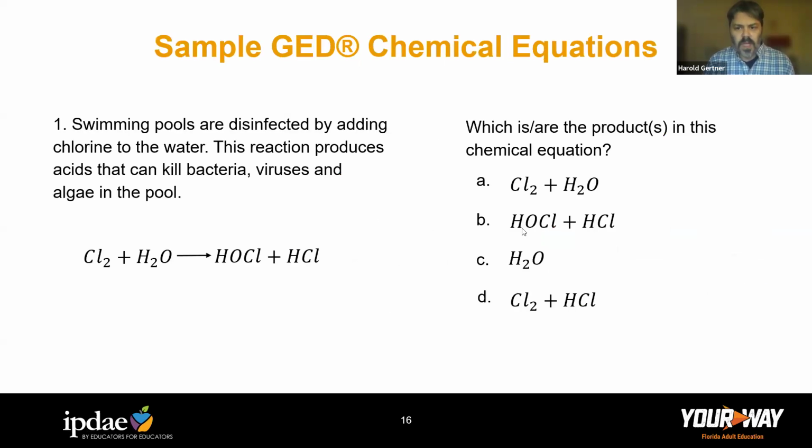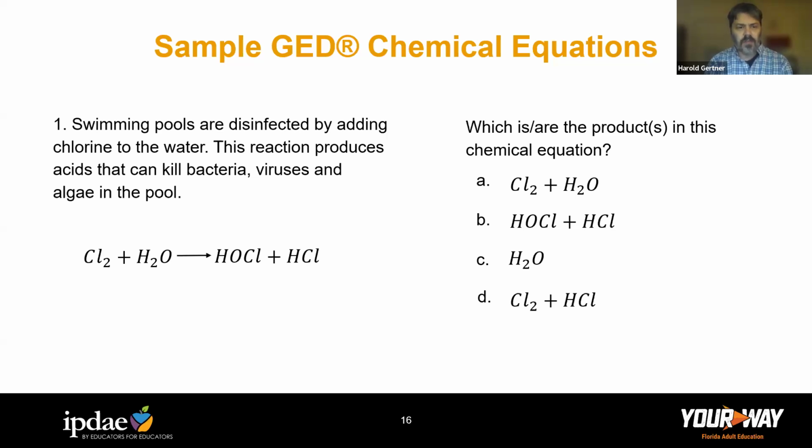Okay. Now, just a little bit based on what we've talked about so far, we can answer a few sample GED questions. So again, we haven't even balanced anything yet, but we can decide here. Swimming pools are disinfected by adding chlorine to the water. This reaction produces acids that kill bacteria, viruses, and algae in the pool.